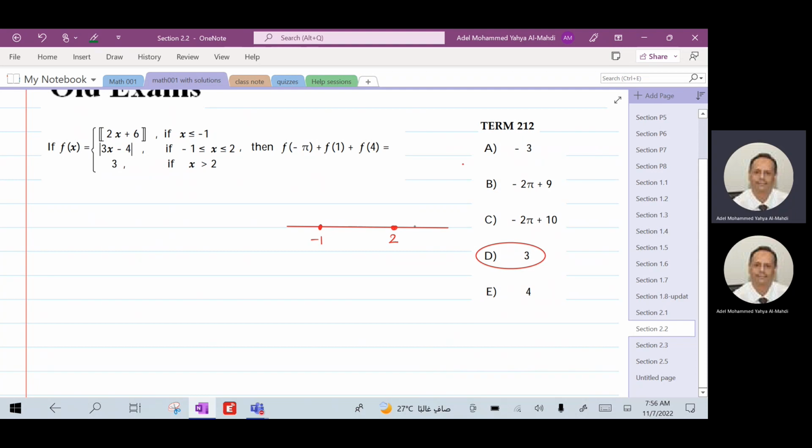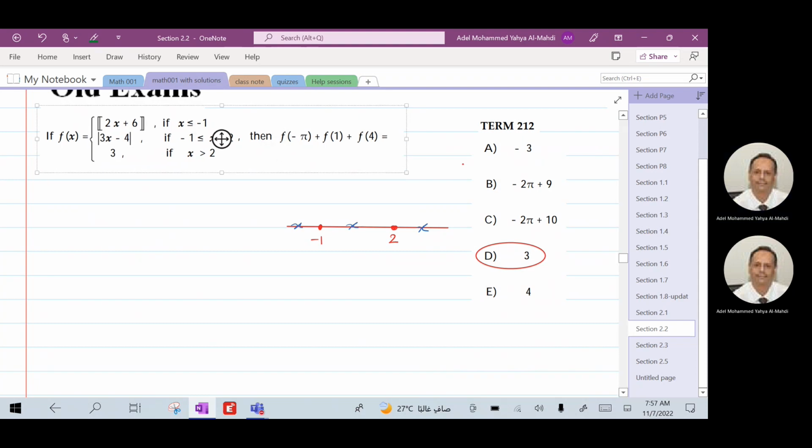The value of f is 3 for any such x. But anyway, you can understand it like this.